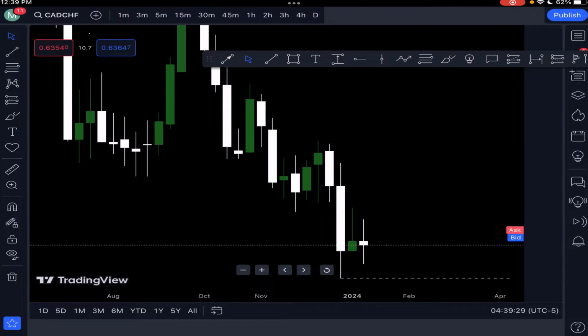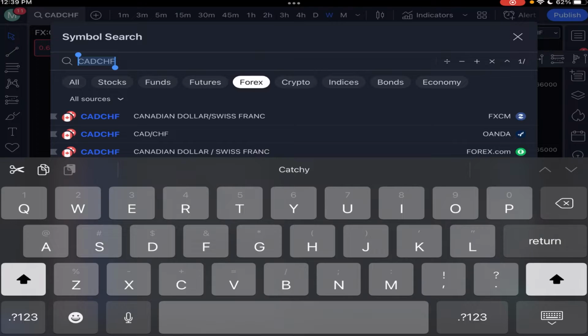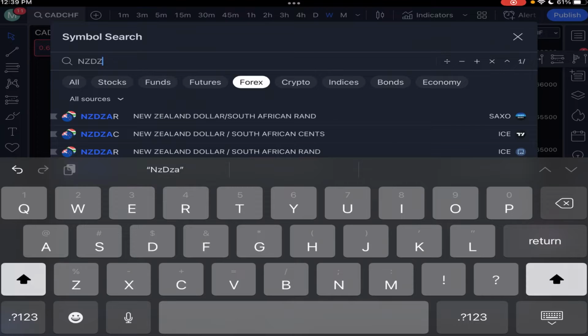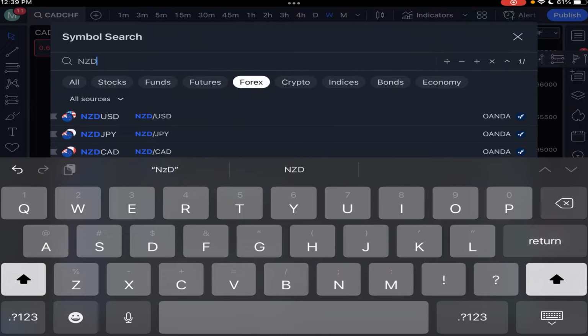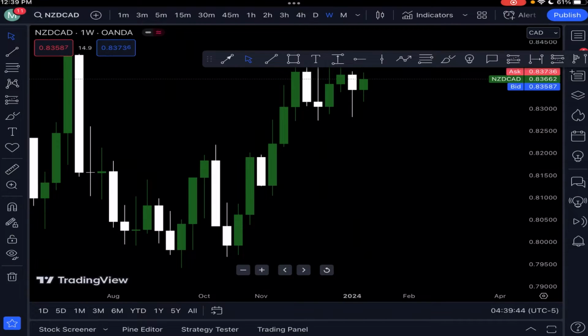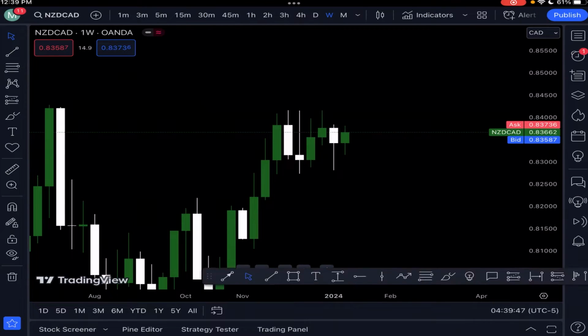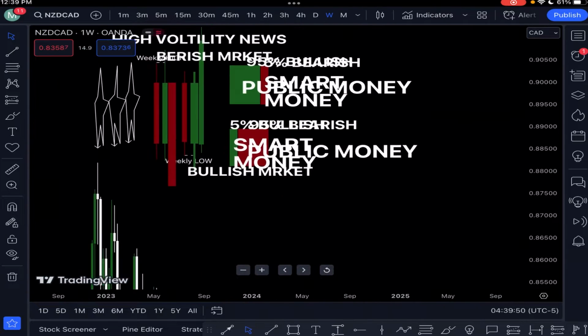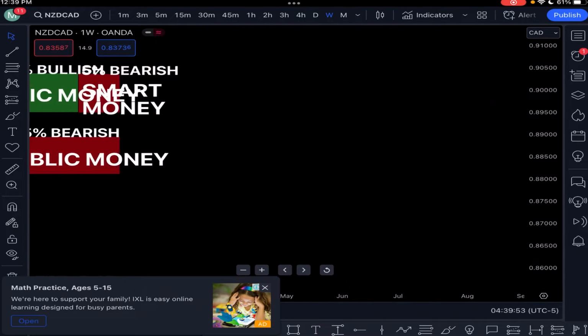So let's look at NZD card, that's where I have my work, or what I'm supposed to be showing you. Okay, so right here we go, voila.